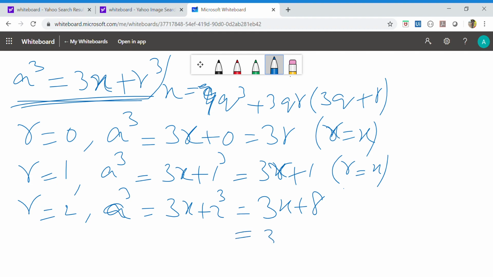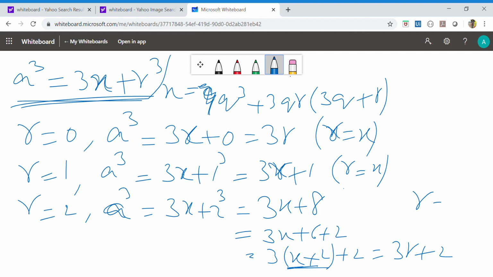It can be written as 3x plus 6 plus 2, which is 3 common, x plus 2, plus 2. Taking x plus 2 as r, it is 3r plus 2, where r is equal to x plus 2.